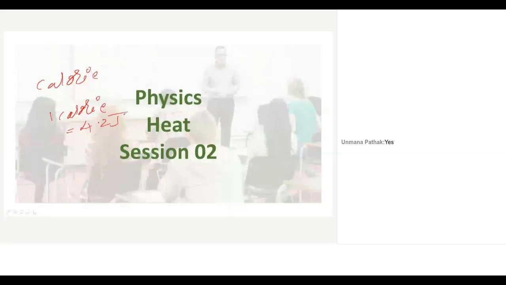Okay, so you have to say like this: it is a form of energy which gives us sensation of either hotness or coldness. That is called heat energy, and heat energy will be measured in calories, and heat energy flows from hot object to cold object. That's what we learned in previous class.